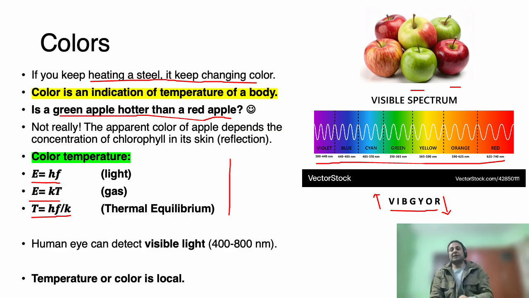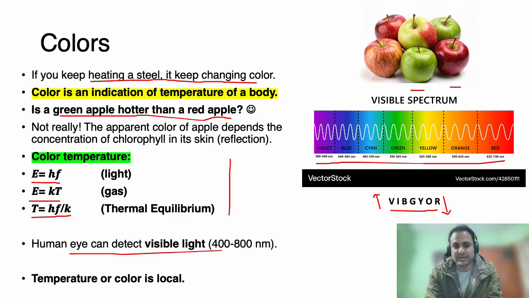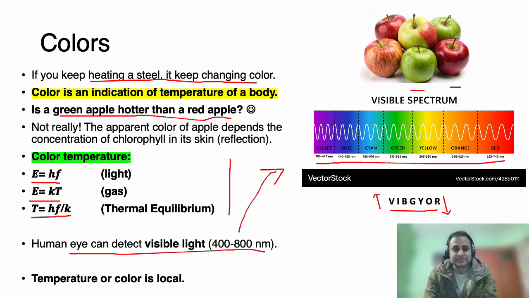Human eyes can only detect visible light. The wavelength is from 400 to 800 nanometers, and in this range we see all these colors, starting from violet and ending in red. The violet is the highest energy color, or high temperature, and the red is the low temperature.